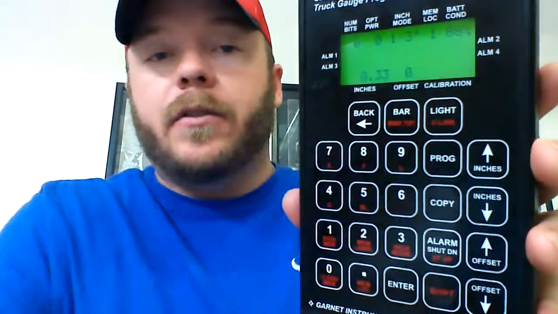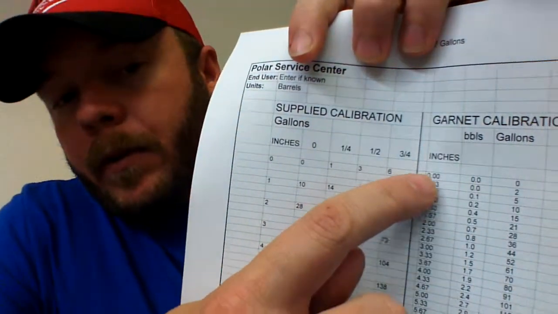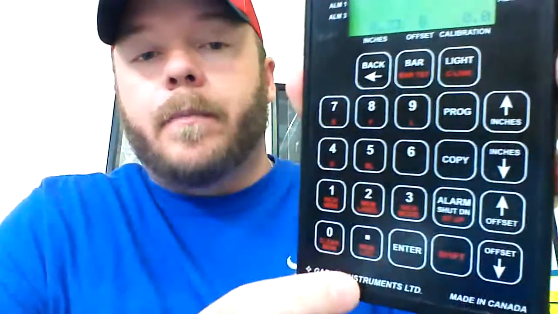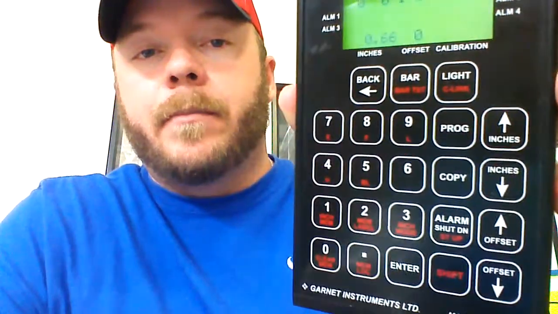So if we look back at our chart, again, the programmer is asking us what calibration is linked to 0.33 of an inch. So we need to look at our chart again. At 0.33 of an inch, it again is 0.0 barrels. So I'm going to enter that value in, 0.0. Again, it showed up, and then I'm going to press enter.